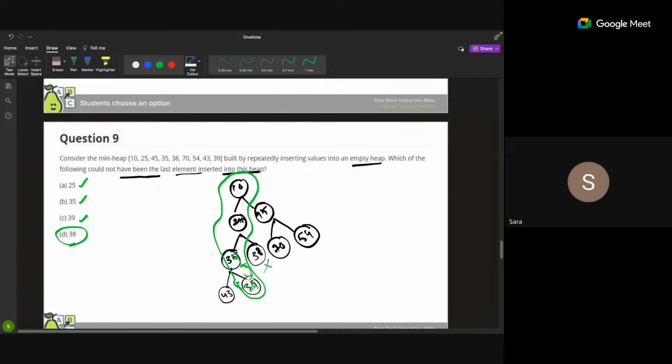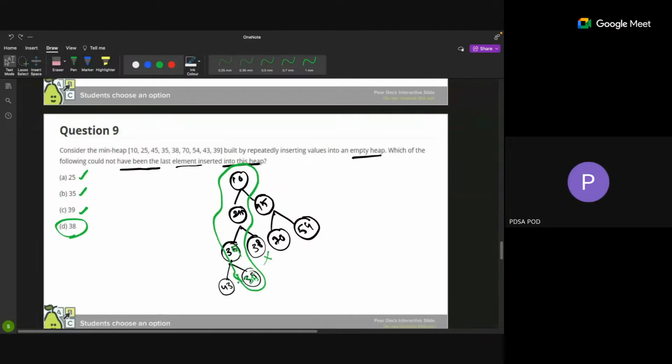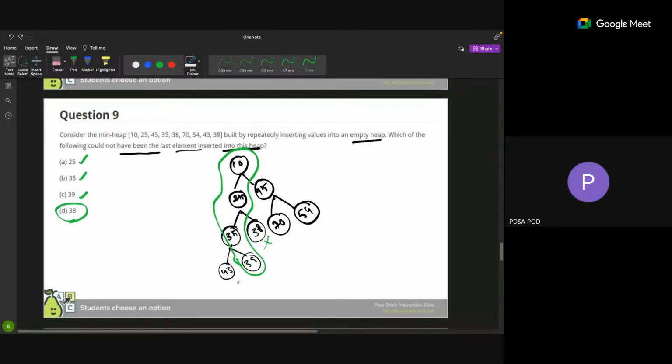You're talking about whether the min heap property is satisfied, whether heapify is done. So maybe 35 is inserted first, then 39 is inserted, so no heapify required. Clear? Okay. If 35 is inserted after 39, maybe heapify is done.